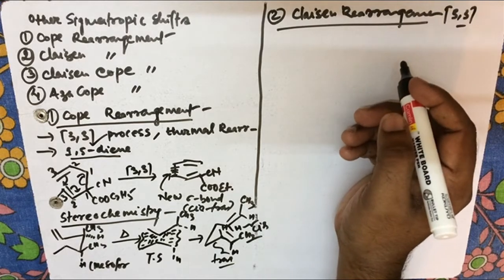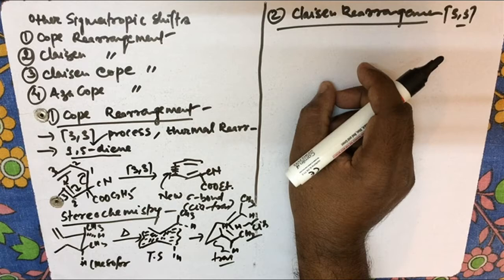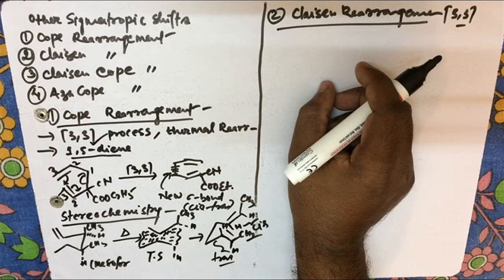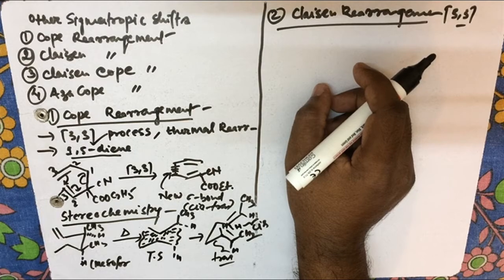This was the first sigmatropic rearrangement discovered. When allyl phenyl ether is heated without solvent, the product will be ortho-allyl phenol or the para product.